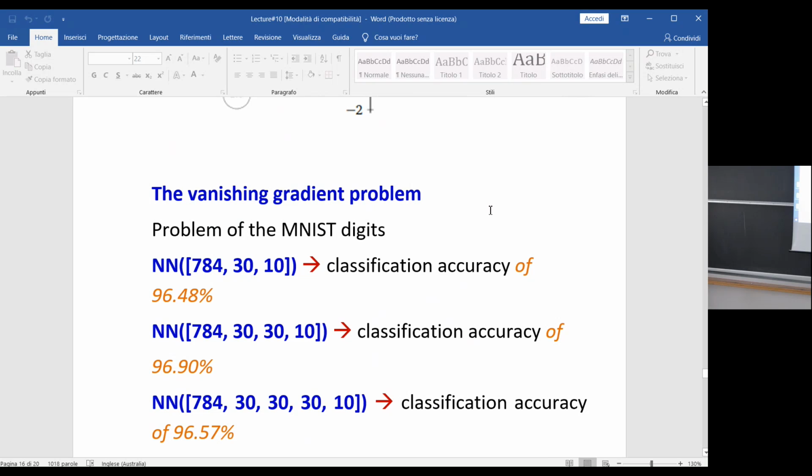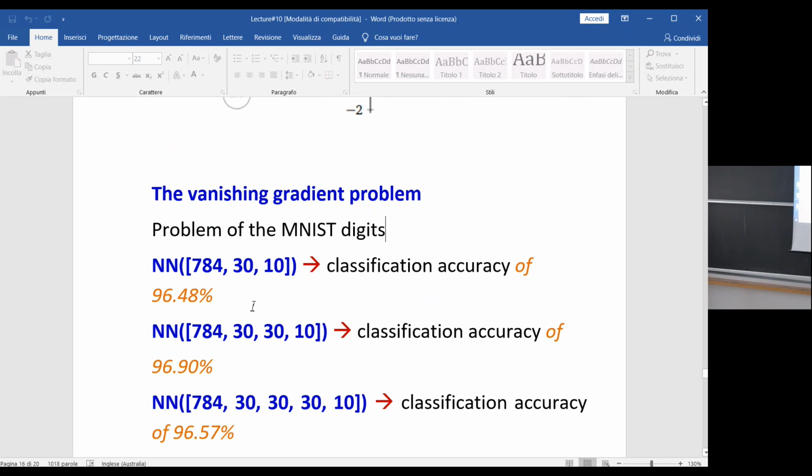So, for example, considering the recognition of handwritten digits, let us consider now a neural net with 28 by 28, that is 784 inputs, 30 hidden neurons, one hidden layer, and one output layer of 10, from 0 to 9.